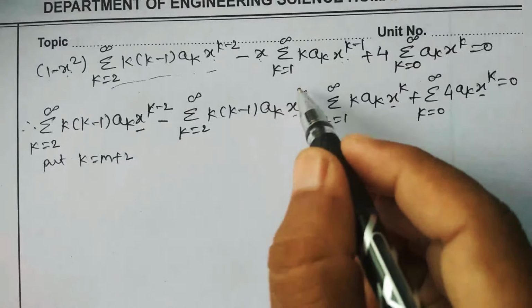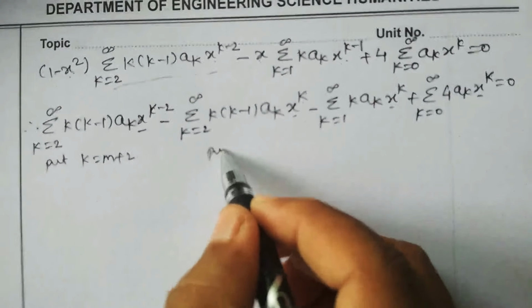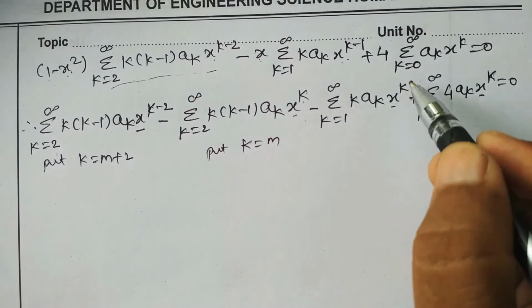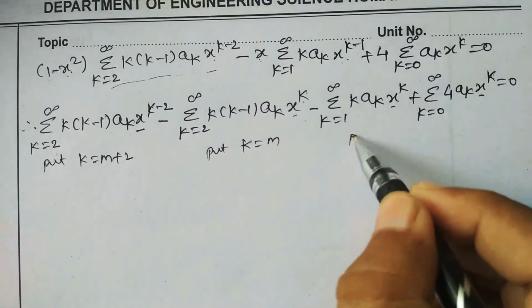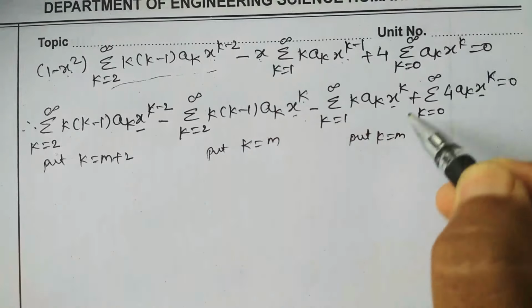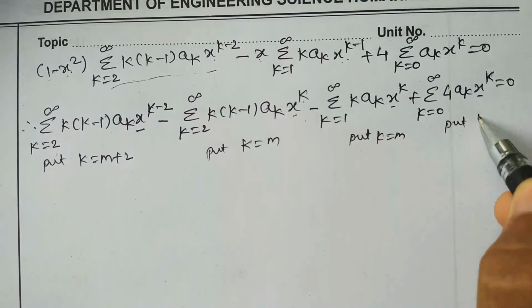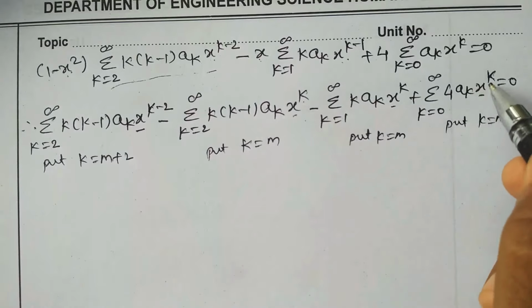Same here we have to make power of x is m. So for this part we have to put k is equals to m, also here we have to put k is equals to m to get the power of x as m, and here also put k is equals to m to get the power of x as m.